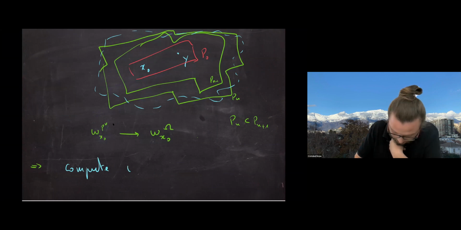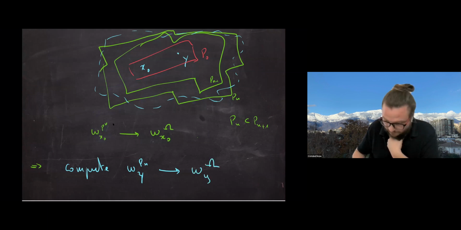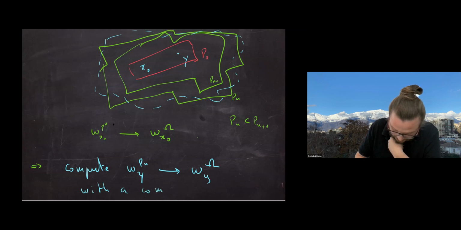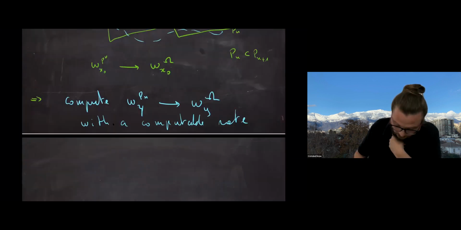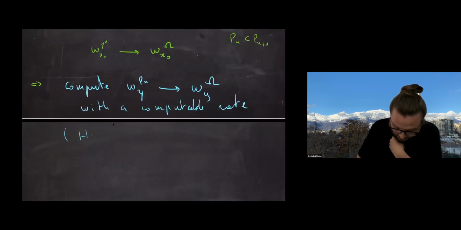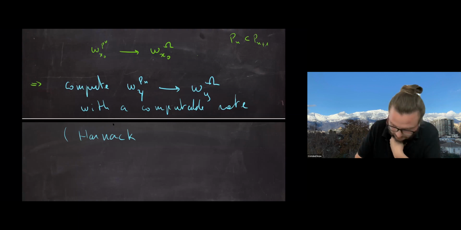So now we can compute the measure of this polygon with respect to y, and we use that this converges to the measure we are looking for, but we have to make the rate computable. And for that, we use the Harnack inequality. The Harnack inequality gives a connection between the two harmonic measures up to a multiplicative constant.